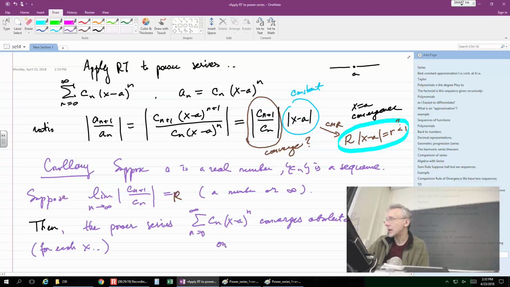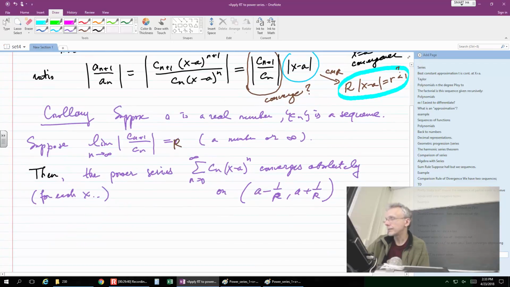That set is the interval from A minus 1 over R capital to A plus 1 over R capital. That interval is the solution to this inequality.